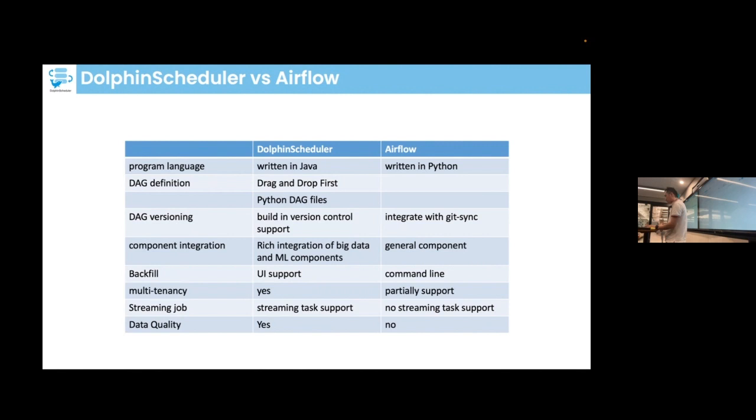Here we can create a workflow. And after creating a workflow, let me create a new one. Okay, you can check the task types, and then you can create a node.